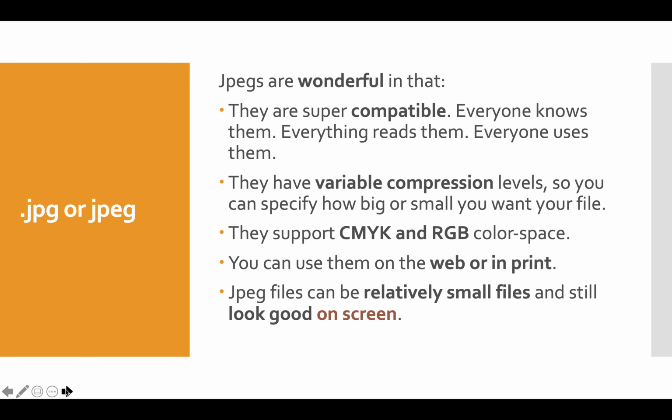And that can be really useful because, again, you're not going to want to send a file to a professional printer that's in the RGB color space. You're not going to want to print out using your high-quality photo printer from something that's RGB without converting it, because you're not going to know what it's actually going to look like. So this way you can natively support both print and screen graphics. So that's wonderful. So you can use them in both web or in print.